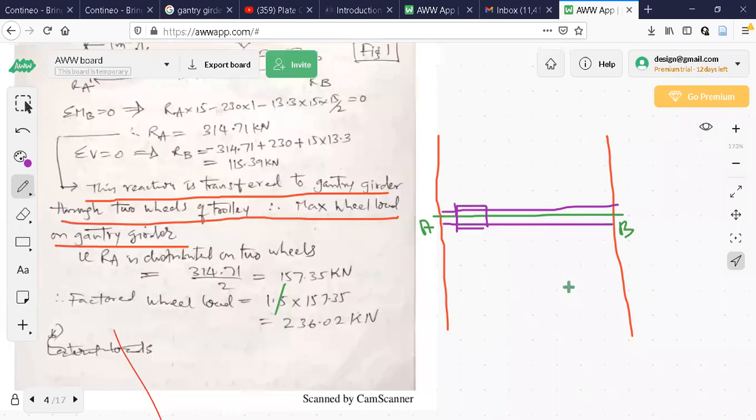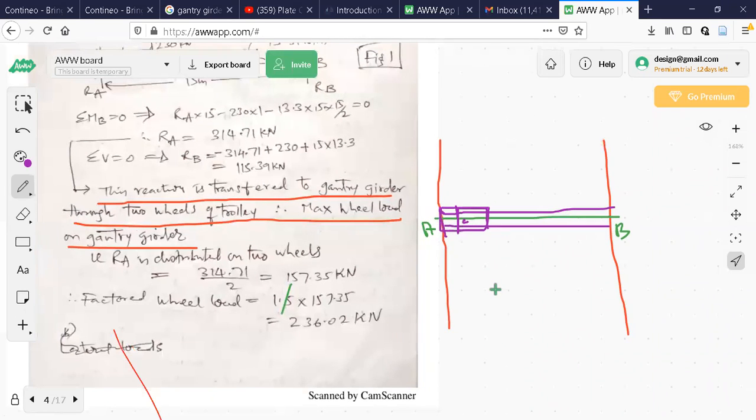Now what is happening here is this RA is distributed. Let us imagine that the wheels are coming on these two points here. These are the wheel positions when it reaches this point, and the hook is at the center. These two wheels of this trolley are resting here.